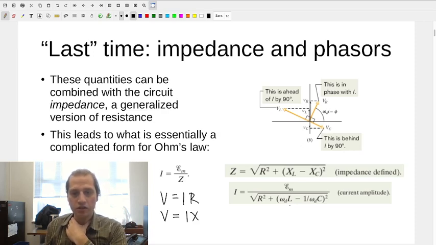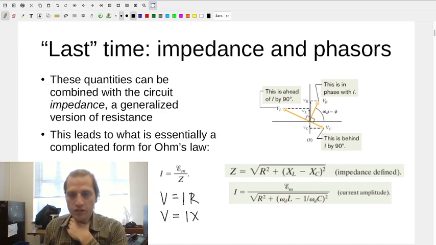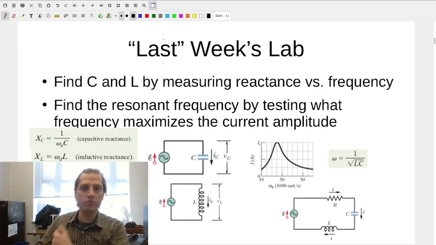And essentially what comes out of this is that the voltage on the inductor leads the voltage that's aligned with the current, and the voltage of the capacitor lags the voltage that goes along with the current. These two can cancel out, and that's what happened when we did a lab where we looked at what happens when you have an RLC circuit.